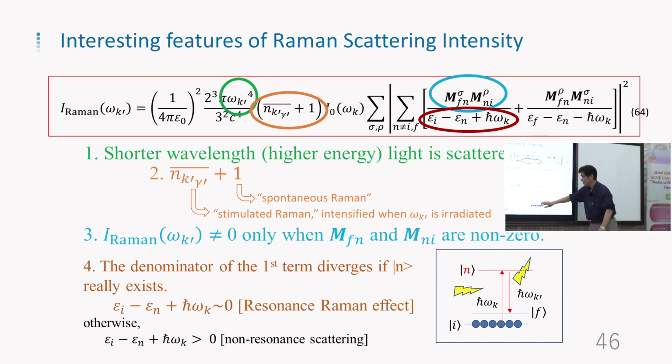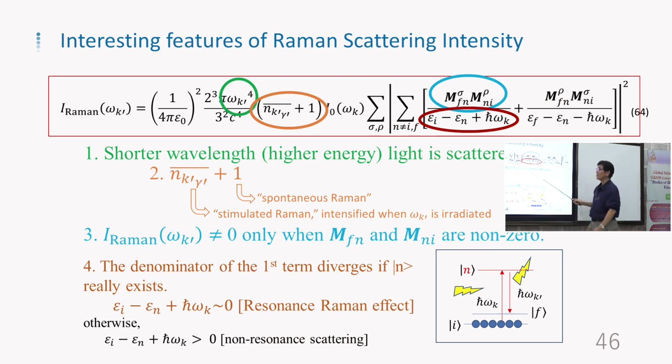In other words, if the excitation wavelength corresponds to the energy difference between the initial and real state n, then the denominator approaches 0.